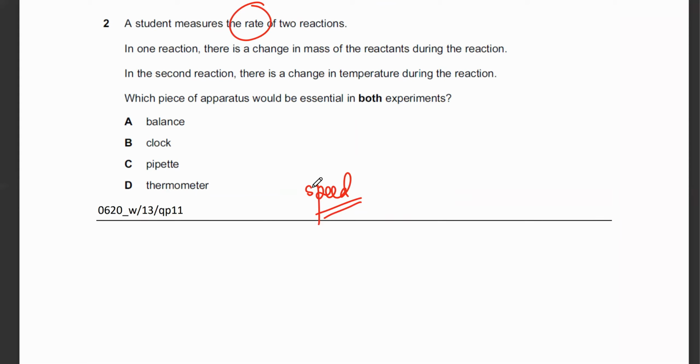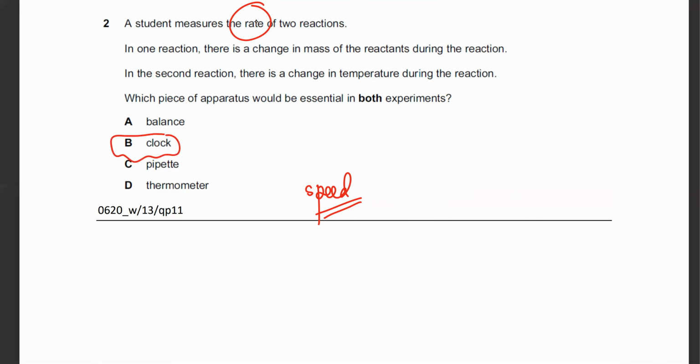With a stopwatch. Okay, so you would need a stopwatch. Remember, you have to time things. If things happen quickly, that means the reaction is happening very fast. If things are happening slowly, the reaction is happening slowly. So whenever you're measuring rate or speed, you would need a clock.